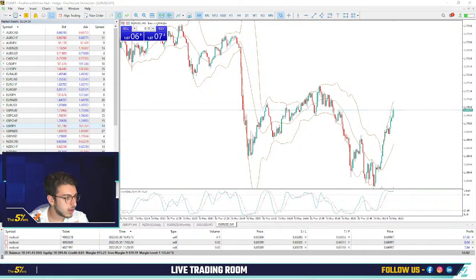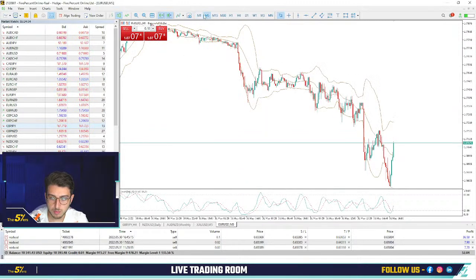Where is the dollar index? Yeah, this might be a spot.